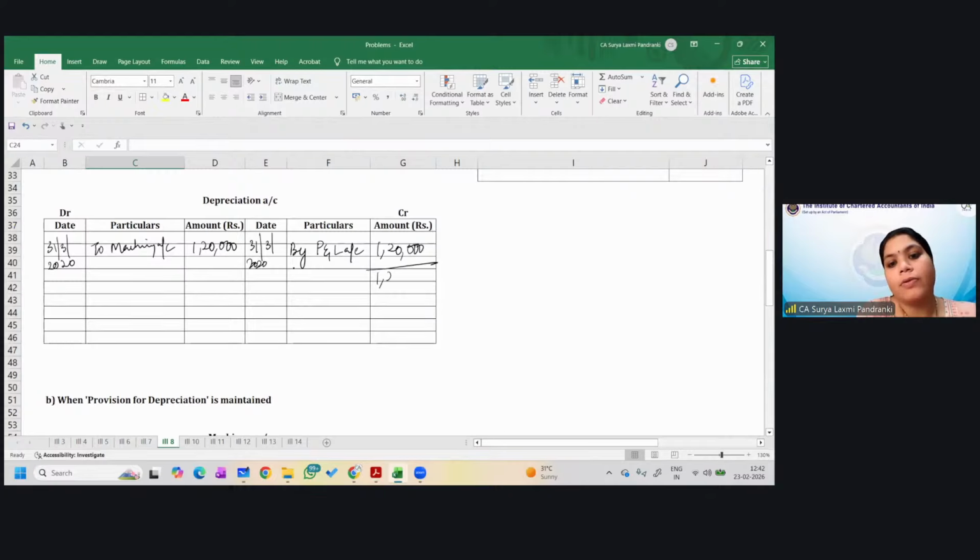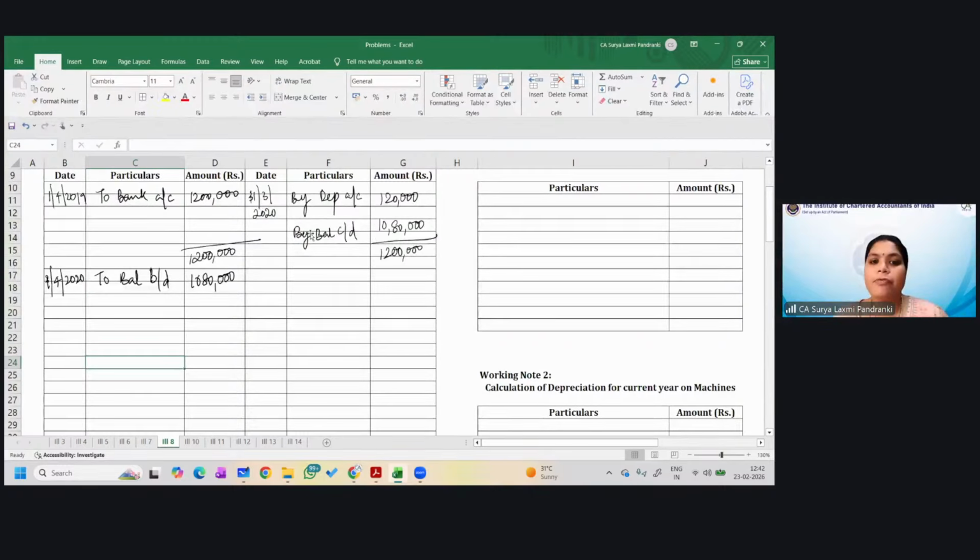And we will close 1,20,000 because this has been transferred to P&L statement. We will have to close this account. This is okay. We just have provided depreciation for 1 year and then calculated what is the balancing figure.